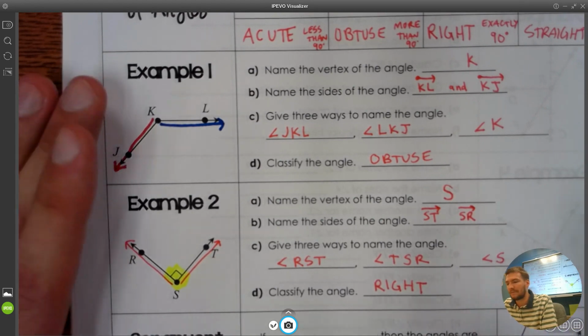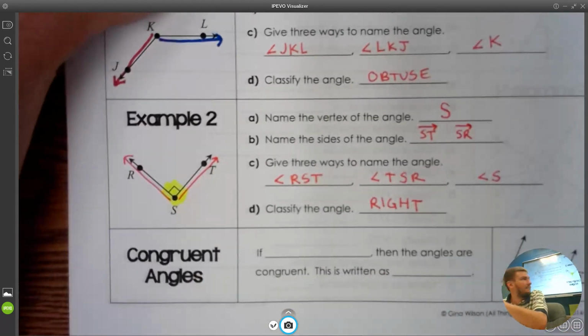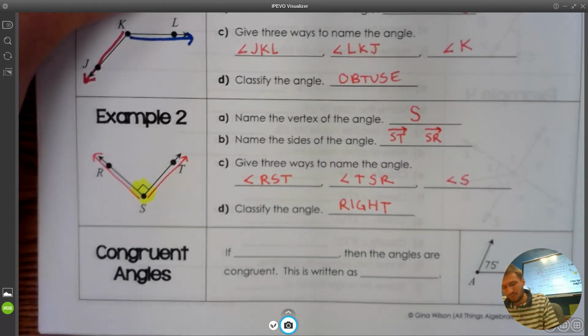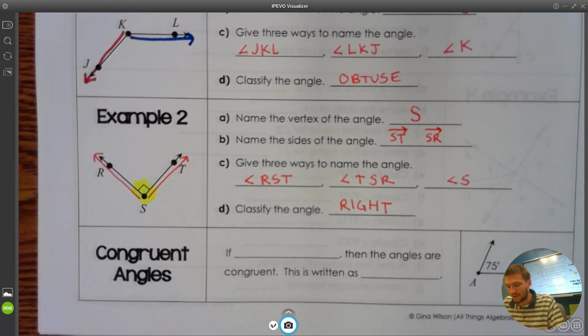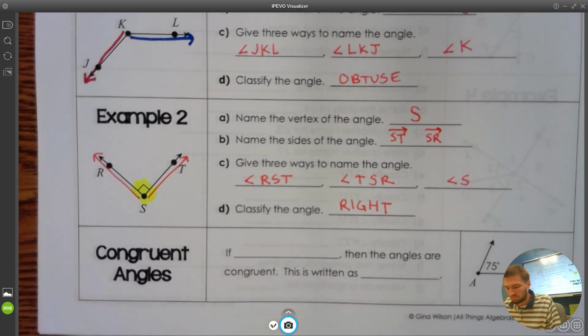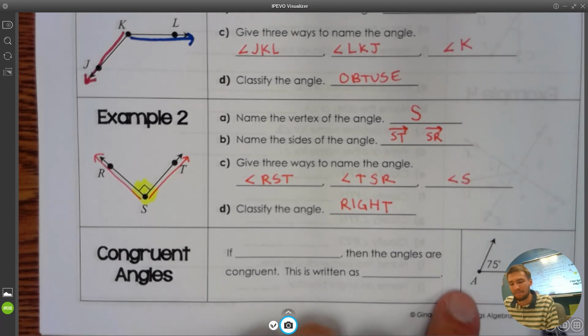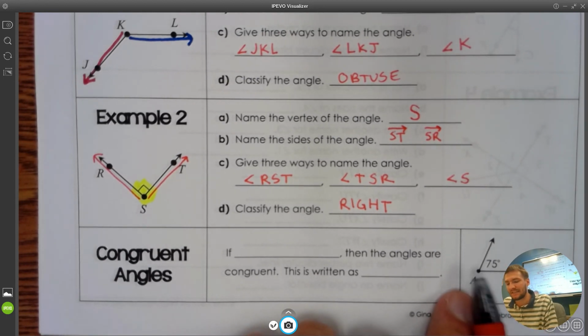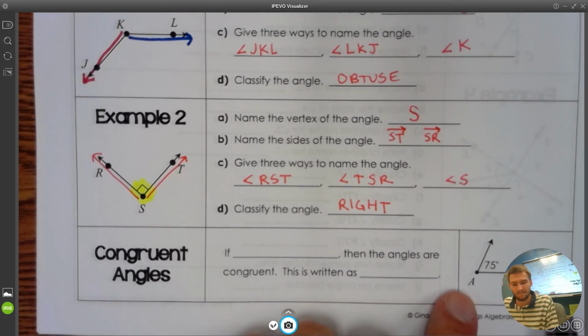Okay, we're at the bottom, and this should be one that we can pretty much understand before we even go through it. We already talked about congruent, okay? Congruent angles, and we already know about congruent lines, okay? What did we say the basic definition of congruent is? The same thing, right? So look at A and B. You see how A and B have the same measure, 75 degrees and 75 degrees?